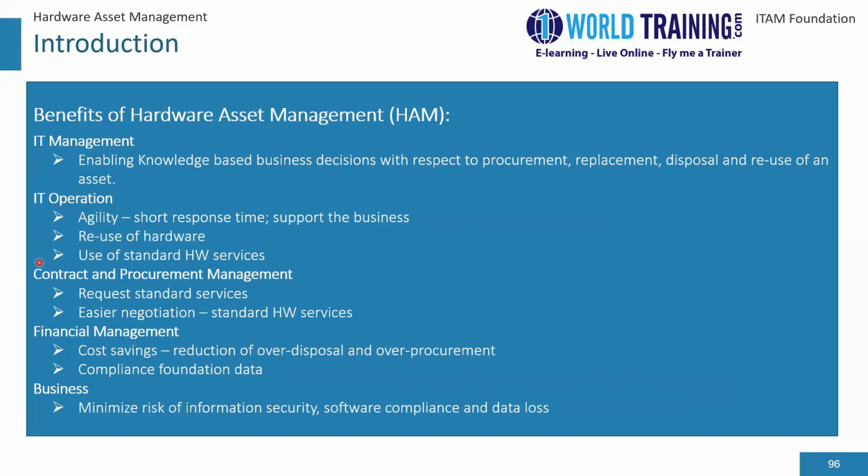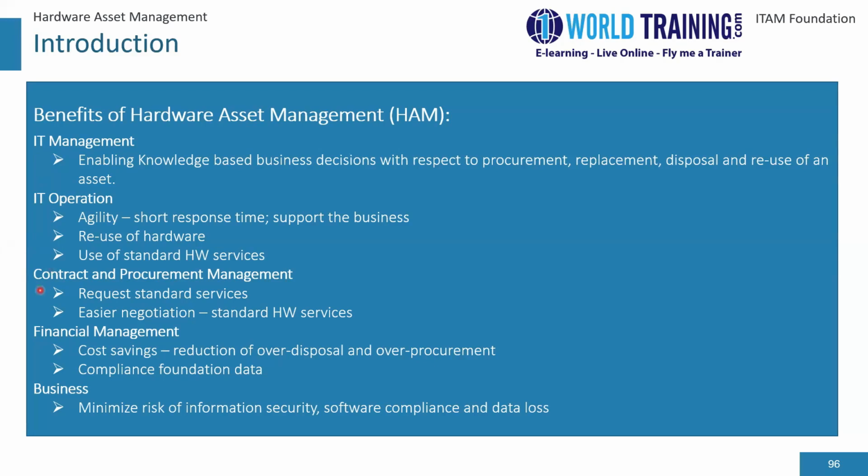An example could be how timely service actions are performed when hardware is well managed. If hardware is not well managed, the service actions could be delayed. Also, it's about the standardization of hardware and reuse of hardware possible without any confusion.